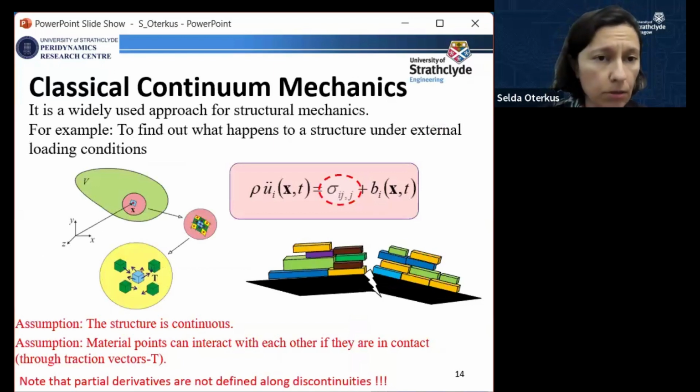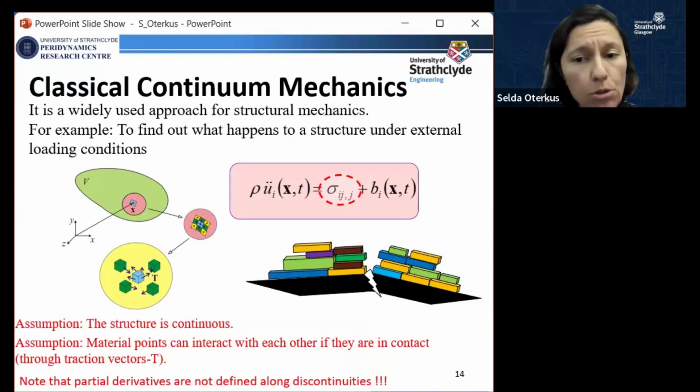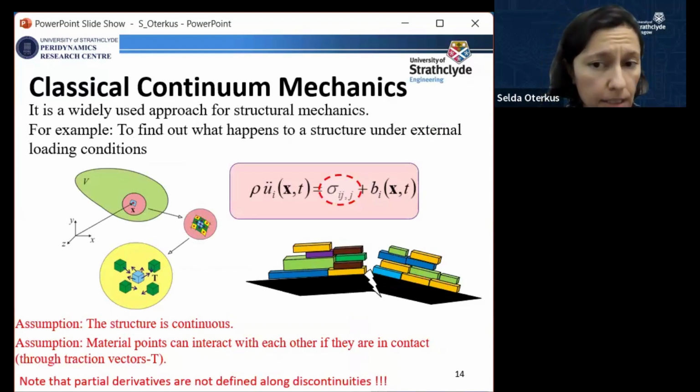Since it is a continuum approach, I will just briefly explain what classical continuum mechanics is. It is a widely used approach for structural analysis. For example, if you want to know what happens if you have a ship structure or marine structure under different loading conditions, how it deforms, you can solve this equation to find the deformation in the structure.